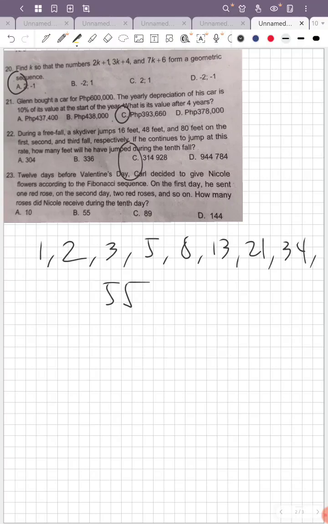And 34 plus 55 is 89. 1, 2, 3, 4, 5, 6, 7, 8, 9, 10. So this would be the 10th term. So the roses that Nicole received during the 10th day is equal to 89, and that is also letter C.